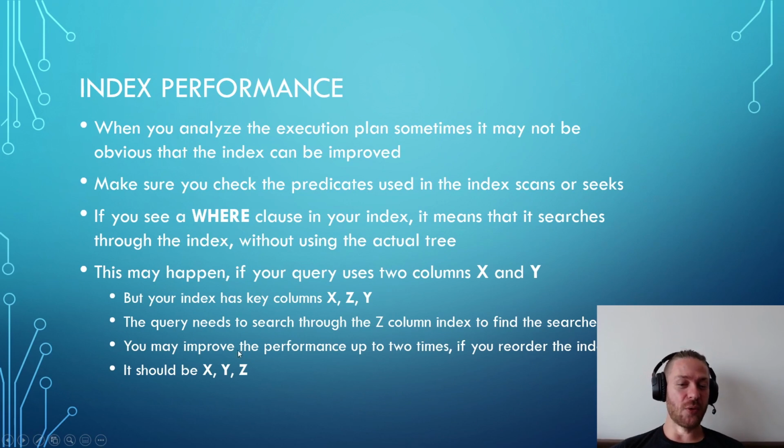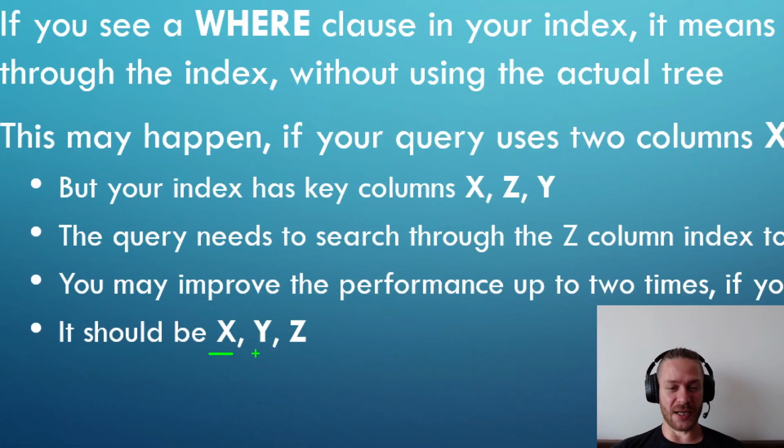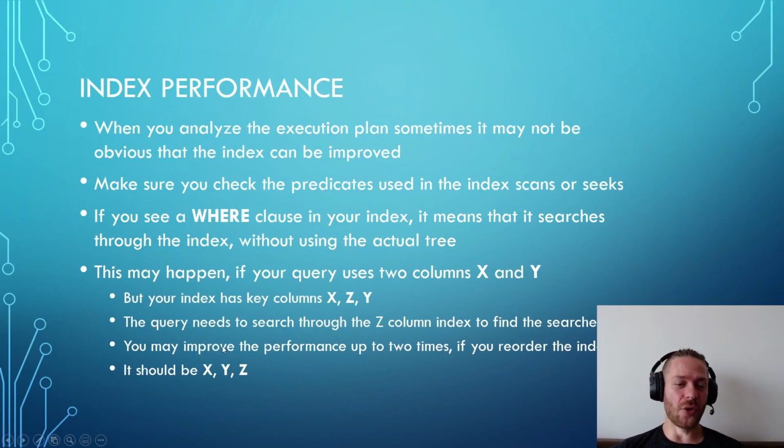You can improve the performance up to 2 times if you reorder the index. If you put the order as X, Y, Z, then your query searching for X and then by Y will use the index appropriately, and it will not search through all of the Y values. So that's important.